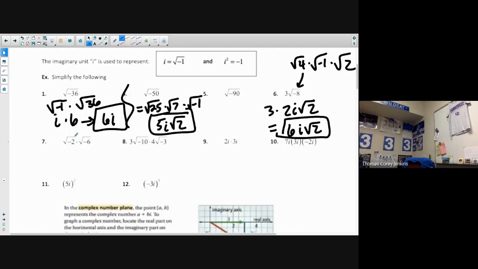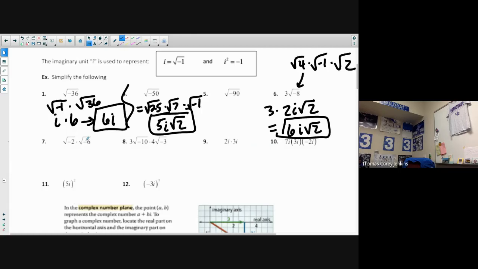Here's where you could get confused on this one. The thought might be this is equal to the square root of negative 2 times the square root of negative 6, and that's the square root of 12.